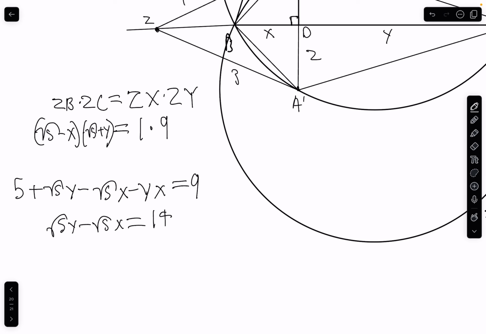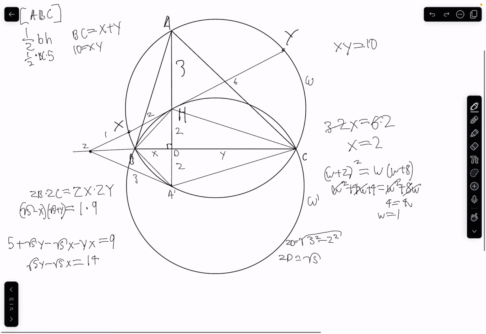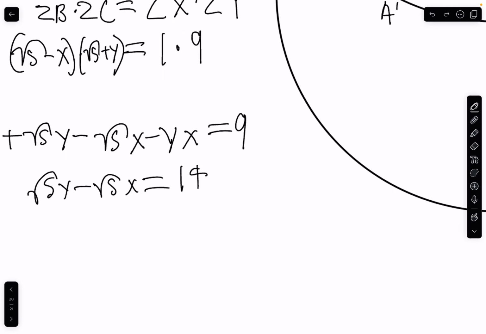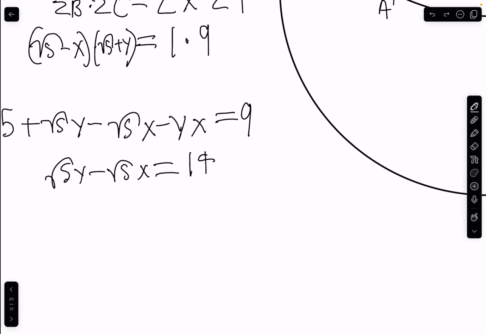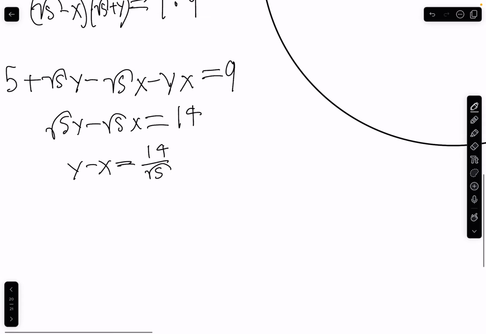So now, why is this useful? Well, notice that now we have an expression for y minus x. And we know that with y minus x and xy, we can always find an exact value for x plus y. So now all we have to do is do that. So y minus x equals 14 over the square root of 5. And now we can square this.